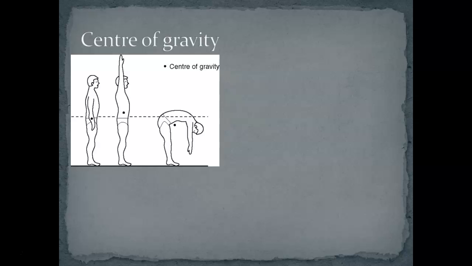So here we've got a center of gravity. In each of these cases, a center of gravity is over here. It's a little bit further over. It's still under the base, so this person is still balanced, but it's a little more tippy than this person, where it's right in the middle of the base.